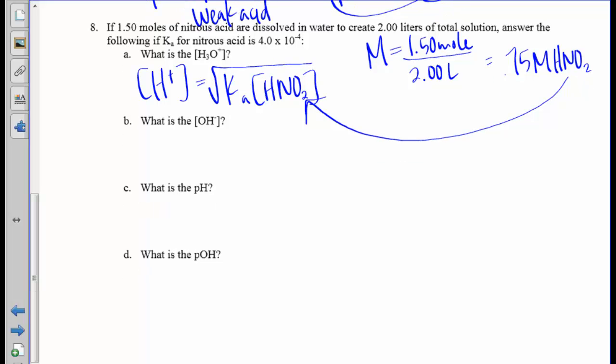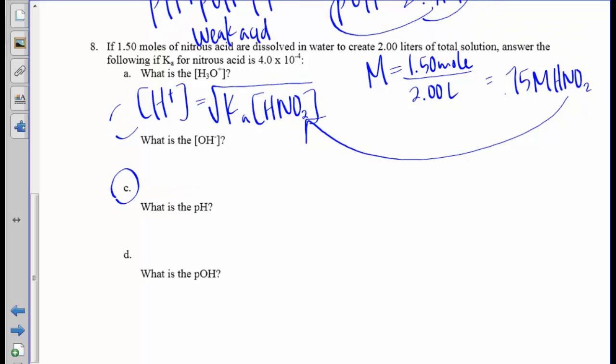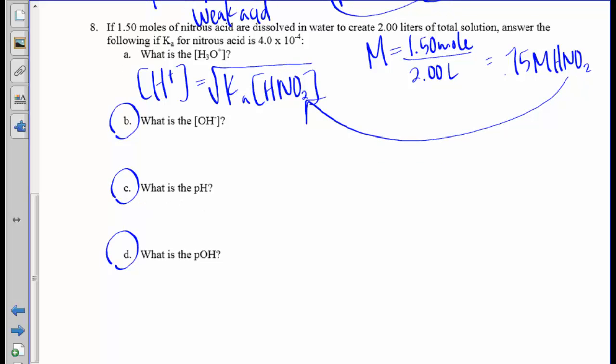I would like you to then answer B, C, and D. So I'd like you to tell me the answers to B, C, and D. Now, when you're working with exponents, you can just use times 10 caret, and I will understand that you're implying that those are exponents if you need to show those in your answers. But please answer B, C, and D. This will help me understand whether you're understanding, and then I can help you guys on Monday accordingly.